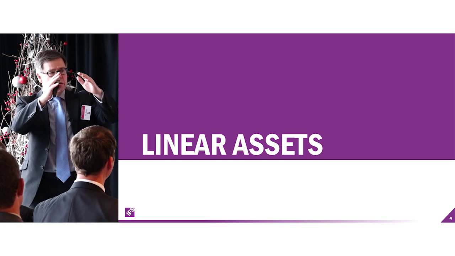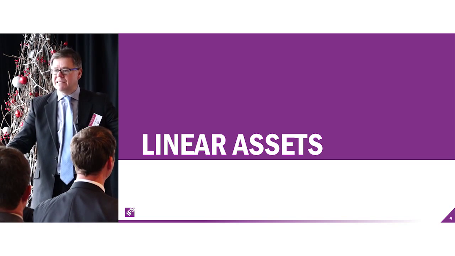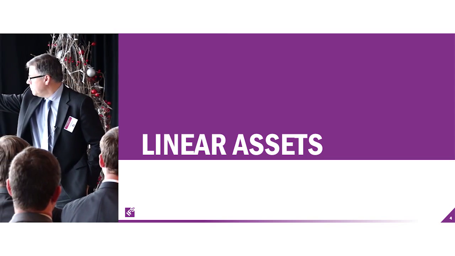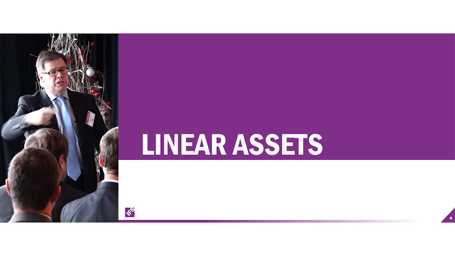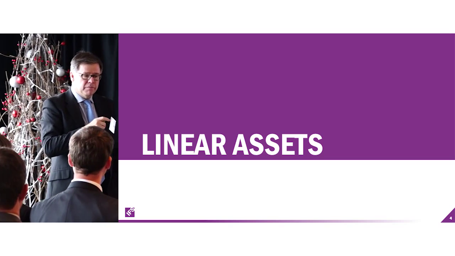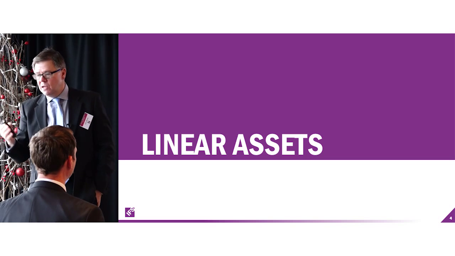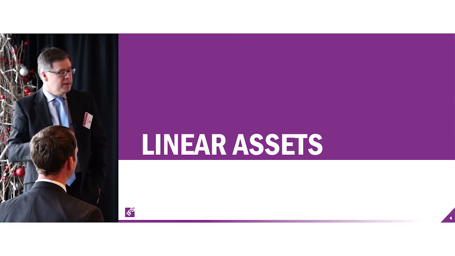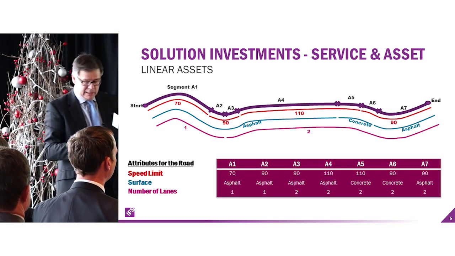These are traditional hierarchical assets, whereas a linear asset for us is a road, a bridge, a rail line, a transmission line, a length of pipe. We built functionality specifically for this because we had customers that were working around the situation. That was new functionality that we built in Apps 9.